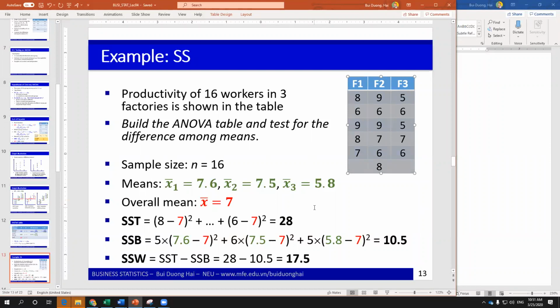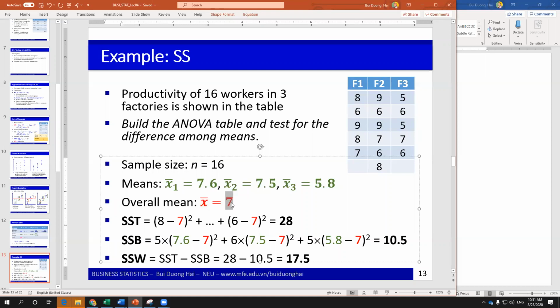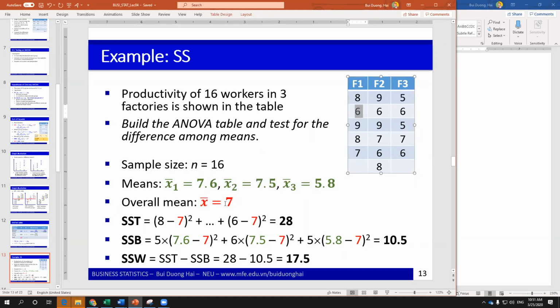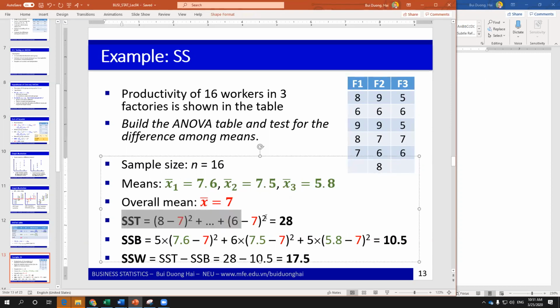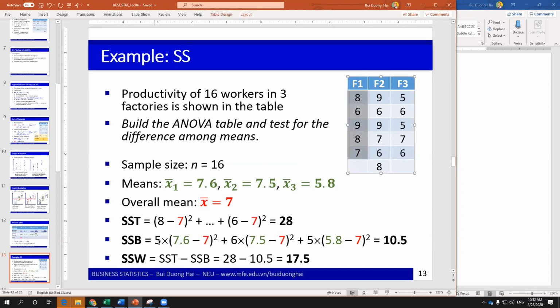Now SST equals 8 minus 7 squared plus 6 minus 7 squared, until the last, equals 28. SST equals 28. SSB: 7.6 of the first group minus 7. However, in group number 1, I have 5, so I multiply by 5.